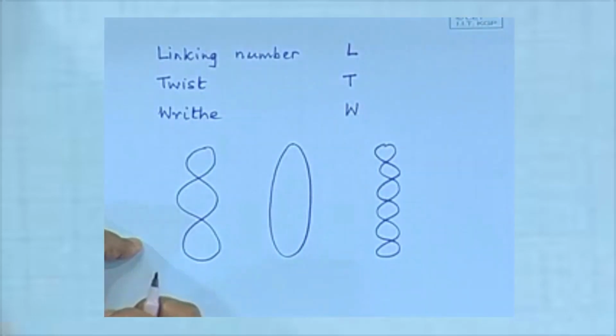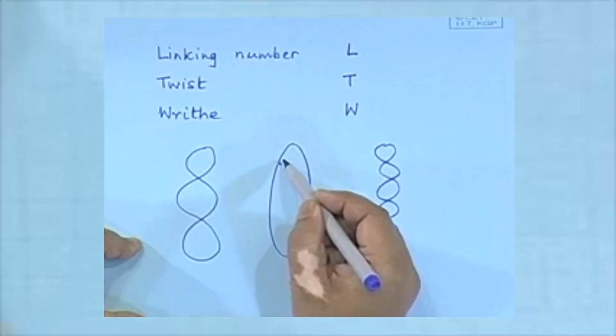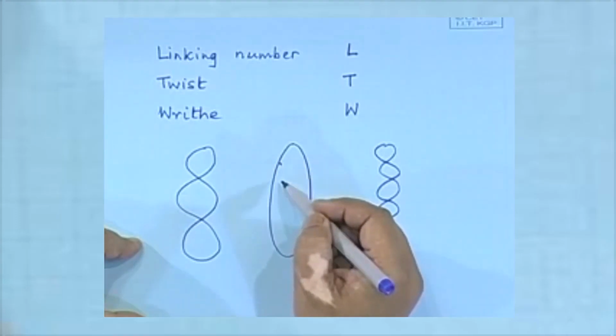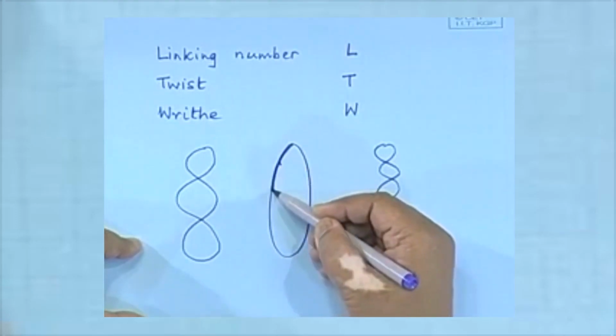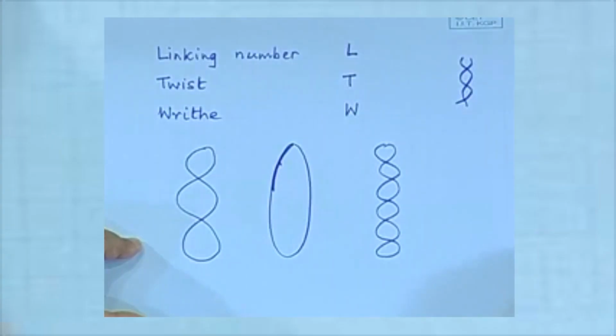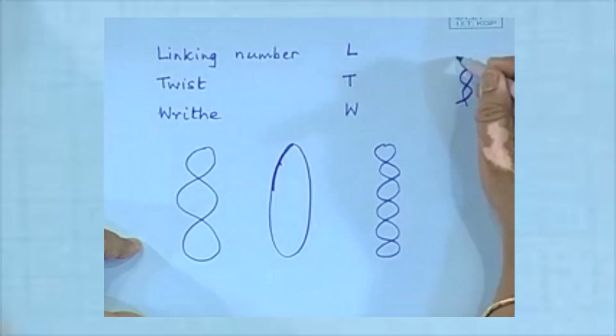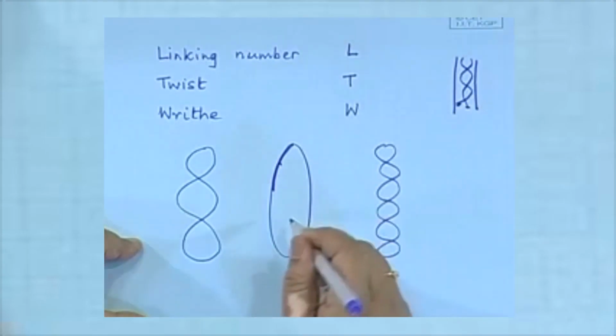Okay, so now you have to remember that each of these is also a double stranded part. This that I have drawn here is actually this, right. It's the linear part of the DNA that has covalently linked the ends to form this.